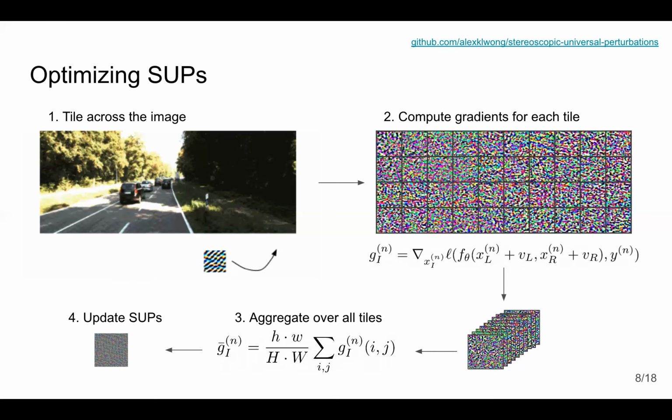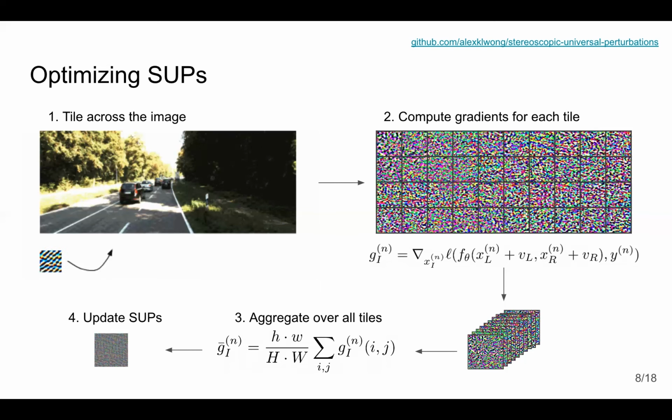To optimize SUPs, we maximize the difference between the outputs of the network for clean and perturbed stereo pairs and compute the gradient of the loss with respect to the clean images. We average the gradients across all patches and project them onto an L-infinity ball of radius alpha, which serves as a learning rate, and update the perturbations.